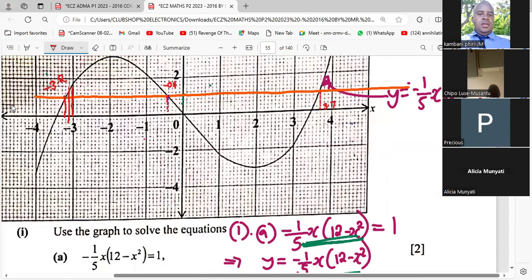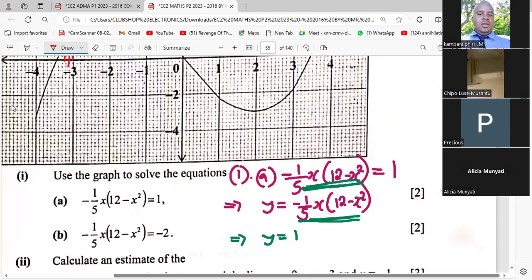Yes, sir. So you are going to say, therefore, x is equal to 3.7, x is equal to negative 0.4, x is equal to negative 3.2. It means we have solved the first one. Is that okay? Yes, it's okay, sir.